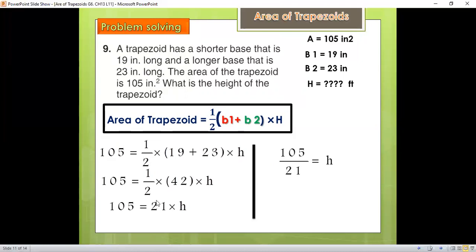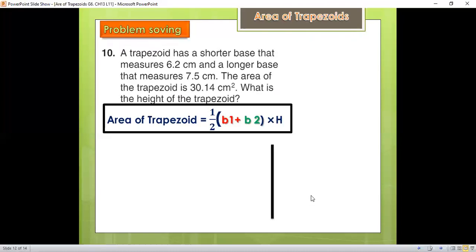Again, 21 here is multiply, so when we put it on the second side, we put the opposite sign. The opposite of multiplication is division. Then 105 divided by 21 equals 5 inch. The height is 5 inch.